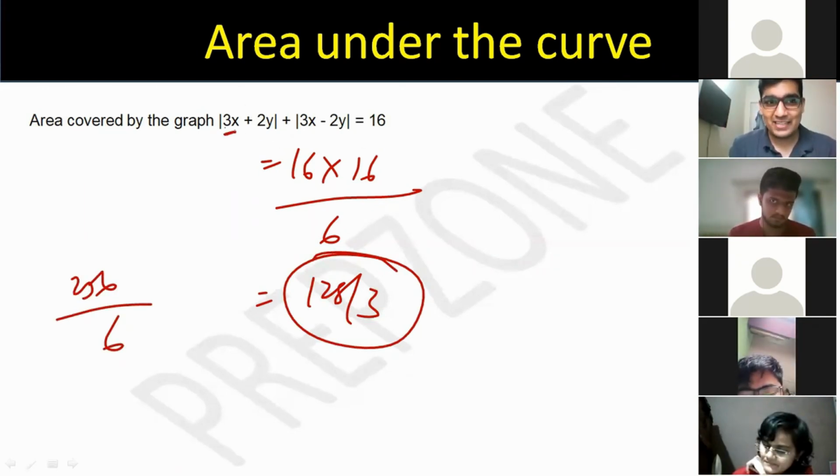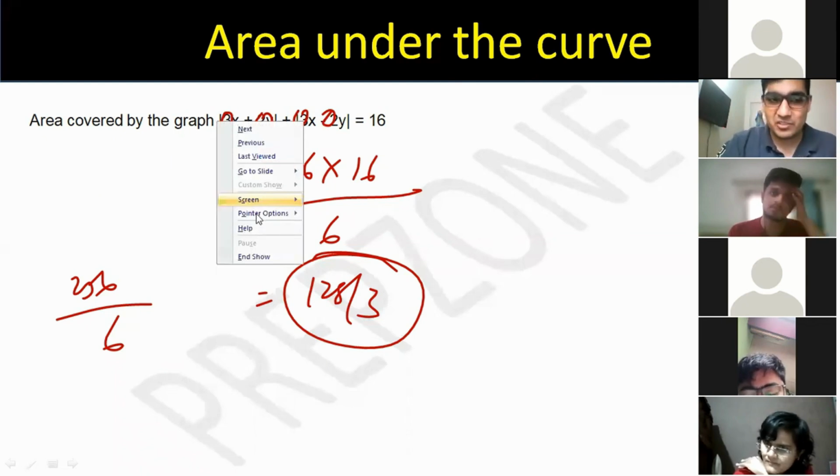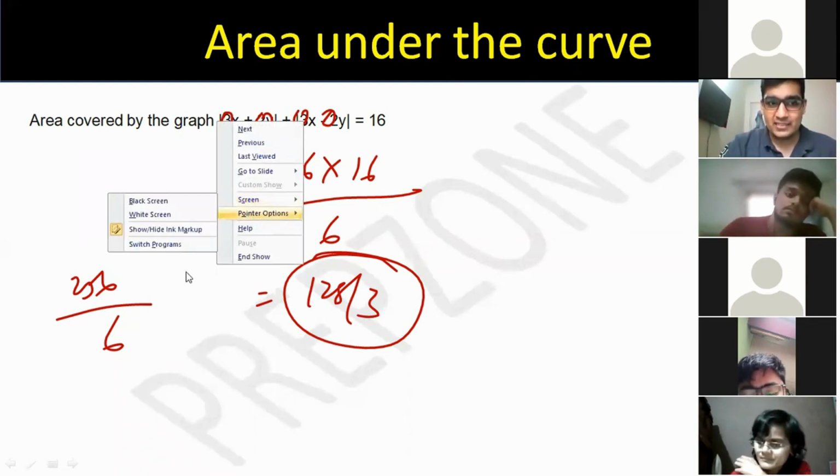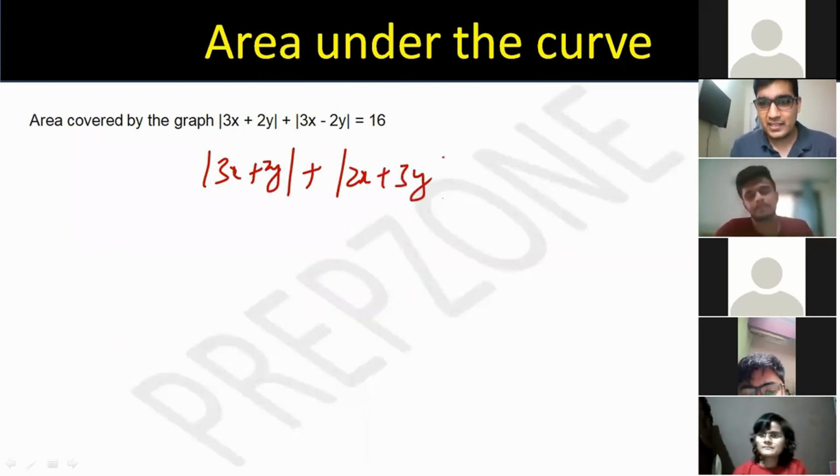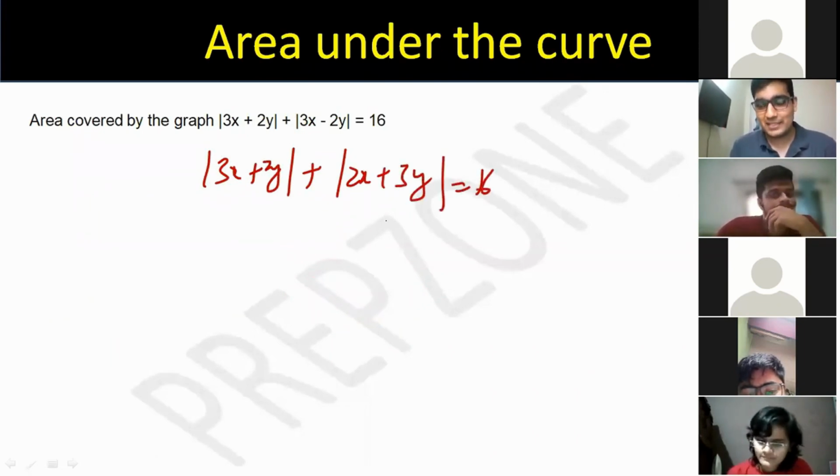Mod AX plus BY. AB. But guys, whenever you see the question, one thing that you have to observe is the coefficient of X and Y must be same. Had this question been mod of 3x plus 2y plus mod of 2x plus 3y equals to 16, you cannot apply the formula. Here you will see, okay, these are similar.